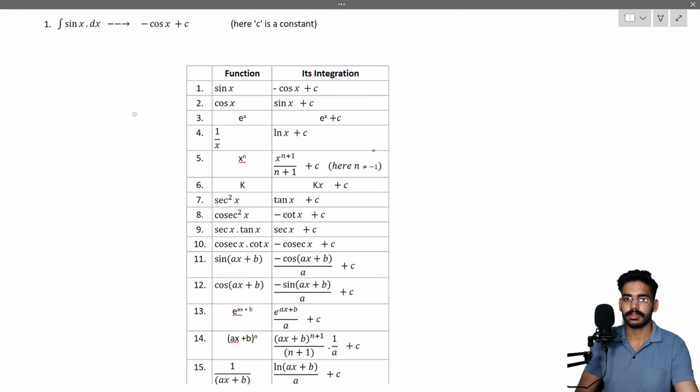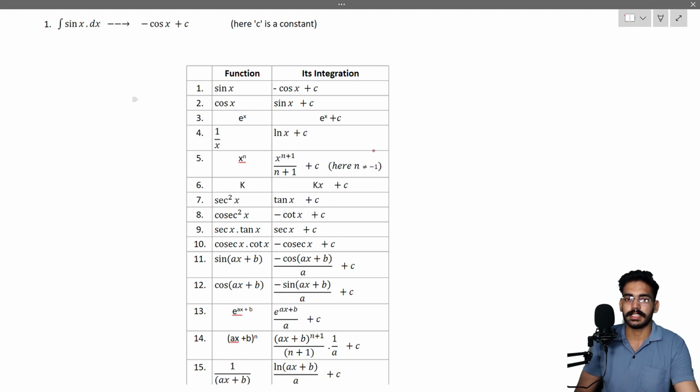So for the broad case there may be a constant or not. For calculating this constant, further information will be given in the question. Maybe the constant is 0, but maybe it is not 0. So for the general case we take c, and on the basis of the information given in the question, there may be a coordinate given, and according to that we calculate the c value. We will see questions on that, don't worry.